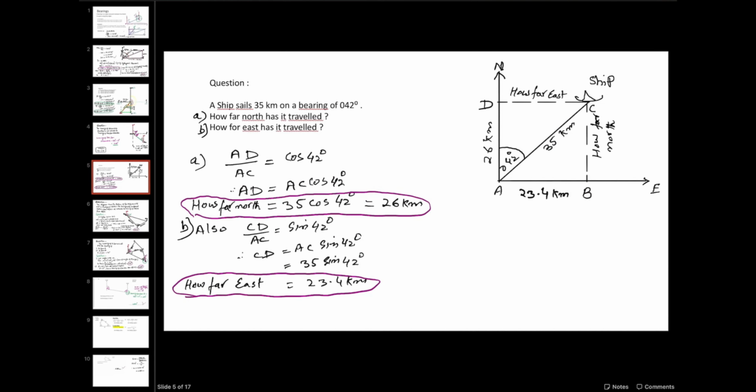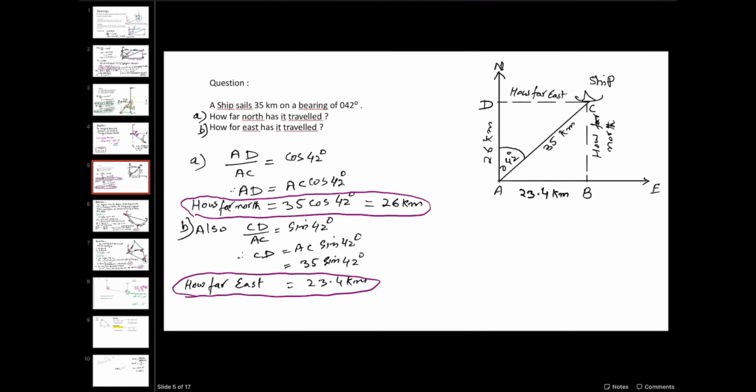Now the next question is, a ship sails 35 kilometers on a bearing of 42 degrees. A part, how far north has it travelled? B part, how far east has it travelled?